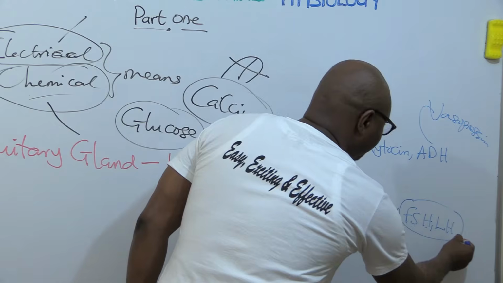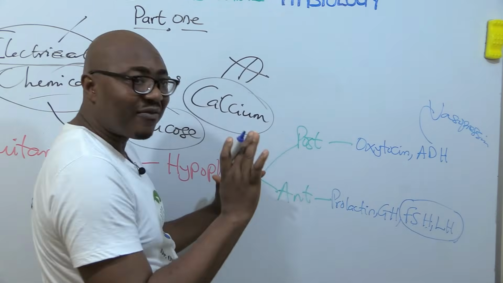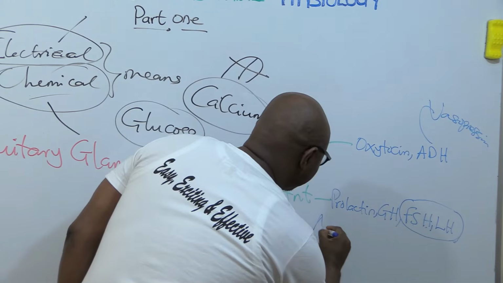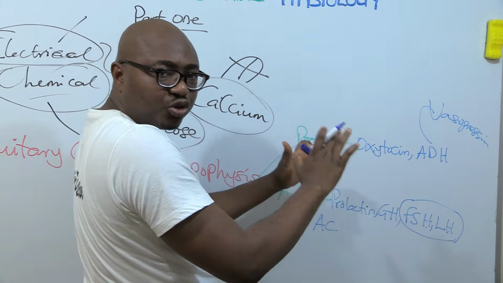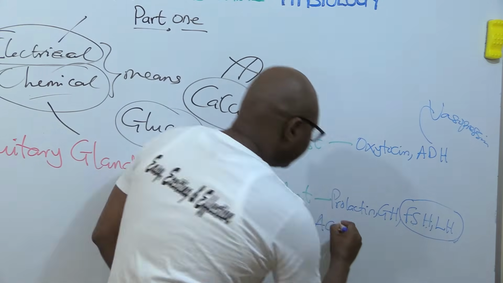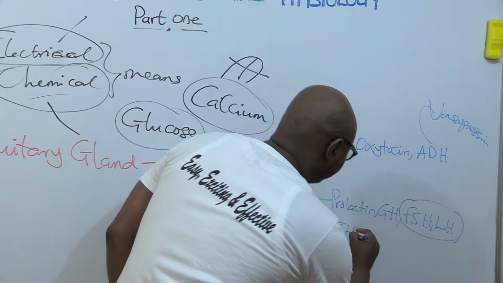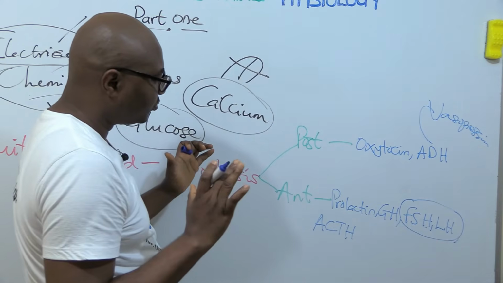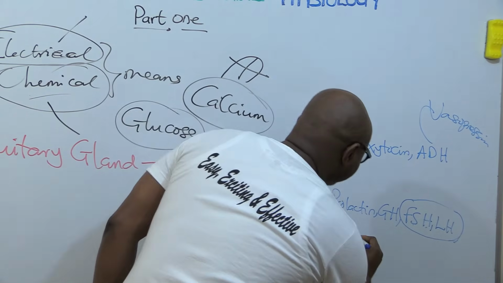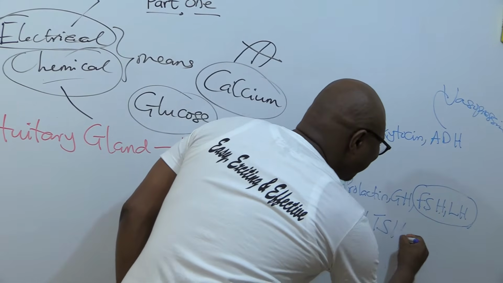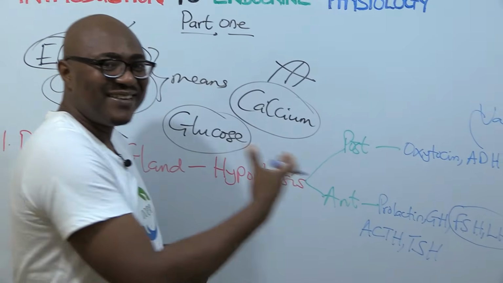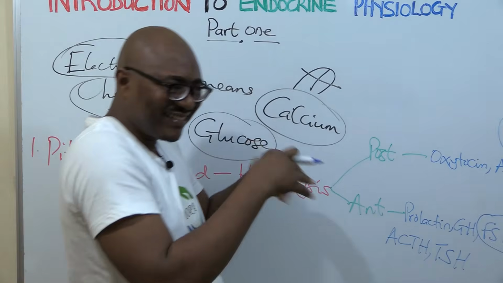Okay, for reproduction especially. Then you also have another one, ACTH, adrenocorticotropic hormone. Then you have another one, thyroid stimulating hormone, which means that it stimulates the thyroid gland to secrete its own hormone.